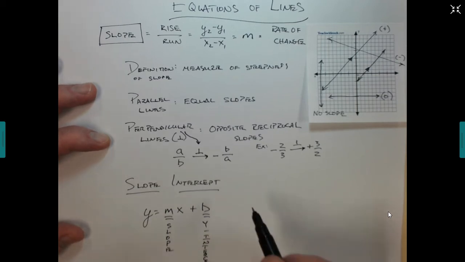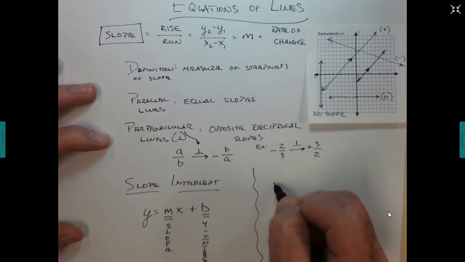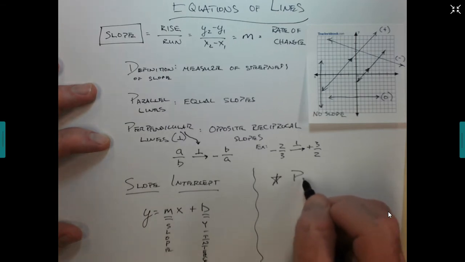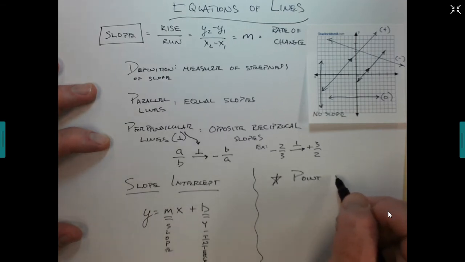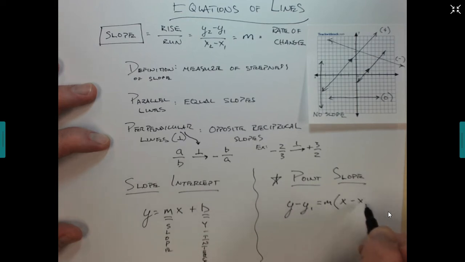But there's another way to write an equation of a line, and I'll be honest, I'm going to beg you to use this mostly. It's called point slope. It looks a little scarier, but I'll try and convince you why this is a better form to use.